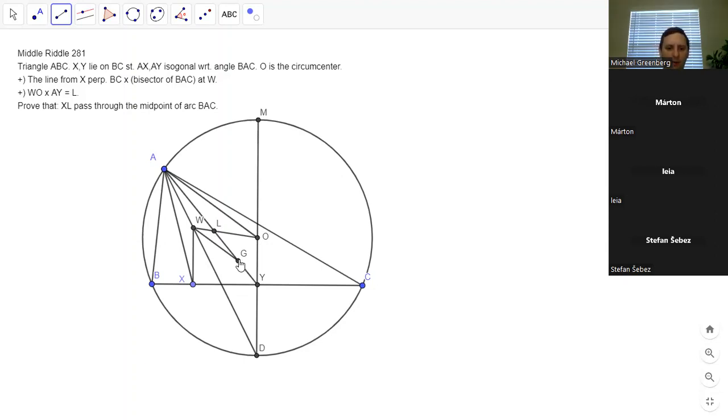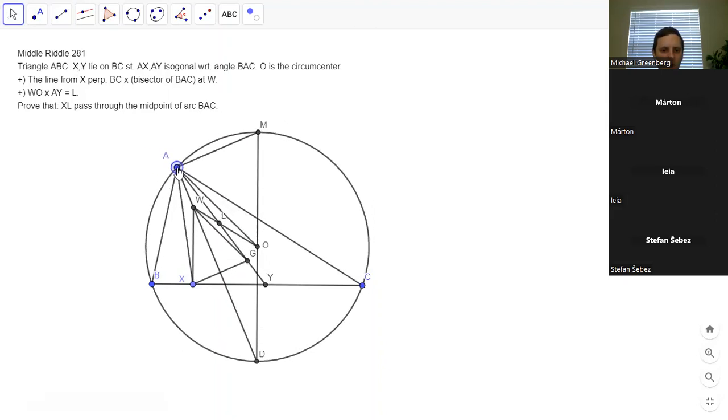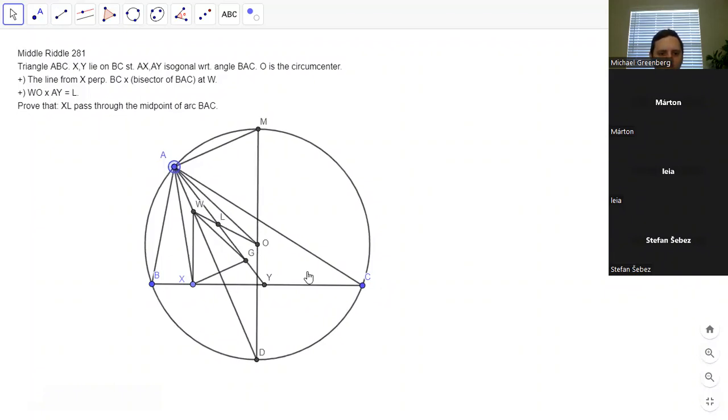Okay, so WXG we can show is isosceles by angle chase. And OAM is obviously isosceles. Interesting. All right. So we want to show XWG is AOM, I think you mean.